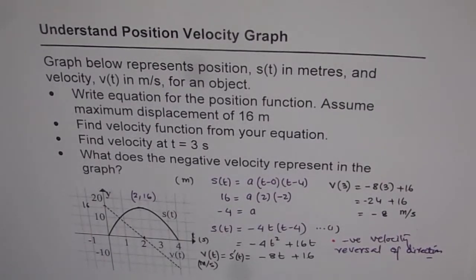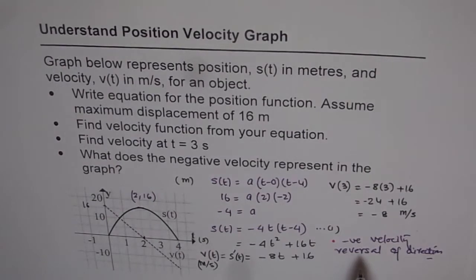So what we normally say is positive means going towards north or east or right, right? So negative means when your position is changing towards south or towards left or decreasing, right? So those are the different three terms which we'll use alternately, right? So it could mean either of those terms, but in any case it means reversal of direction.